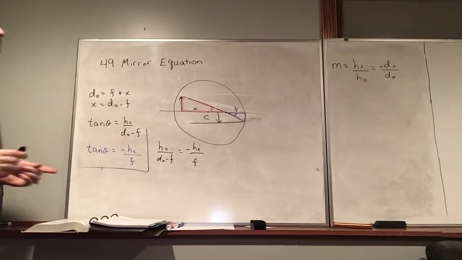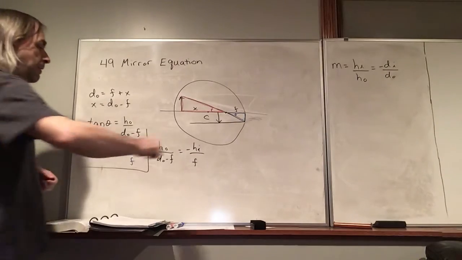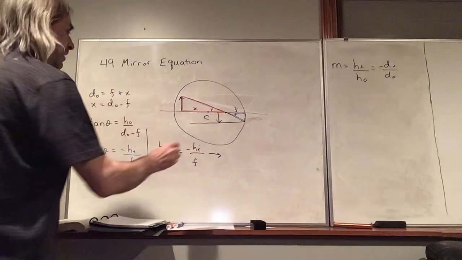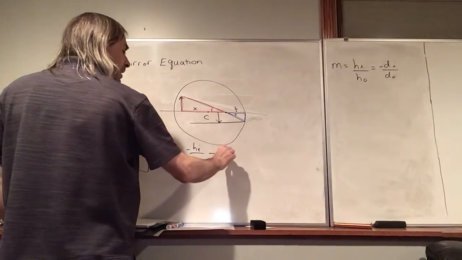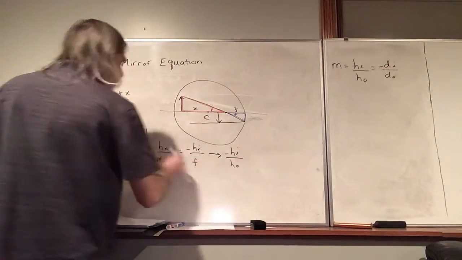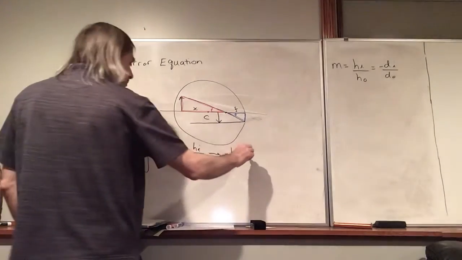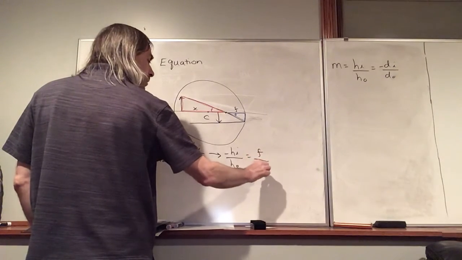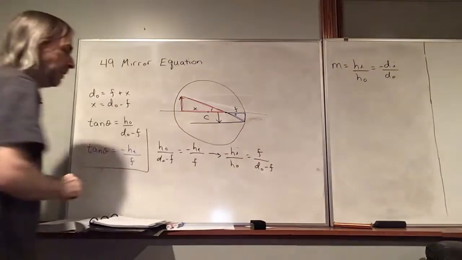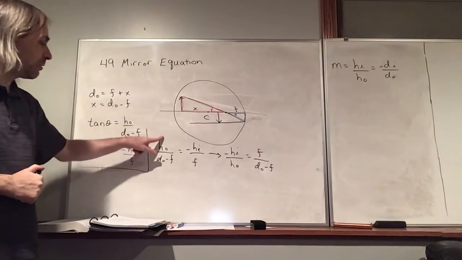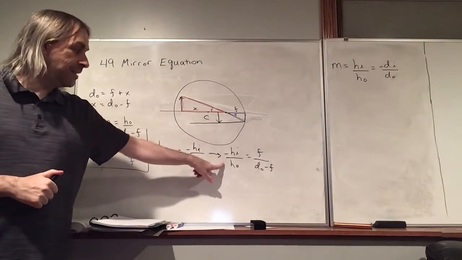Okay, so what we want to do now is let's write this as HI over HO. So we bring this term over here, that would be equal to F divided by DO minus F. Yeah, if we move this term over here and this term over here, we get this.